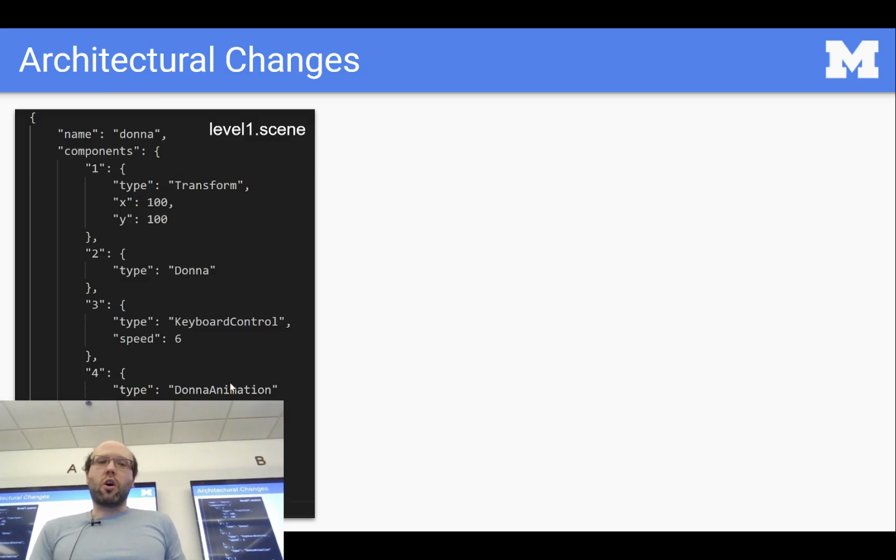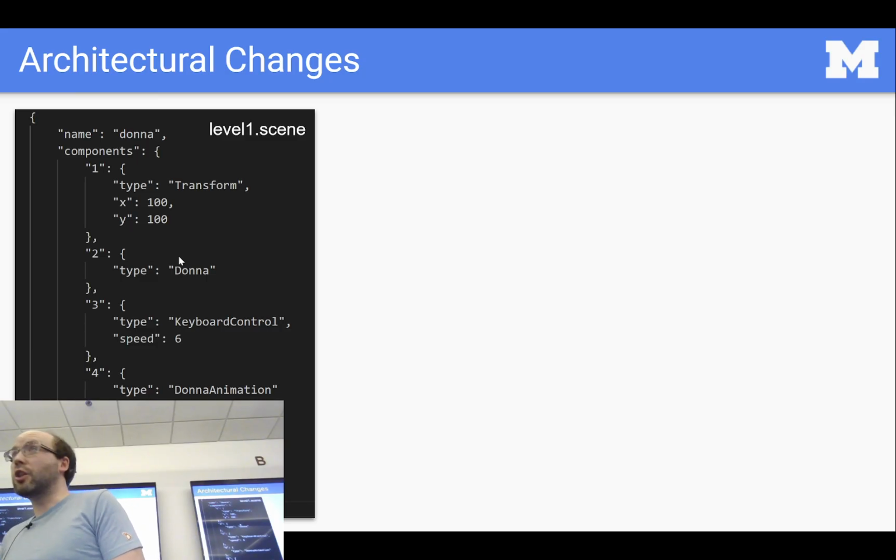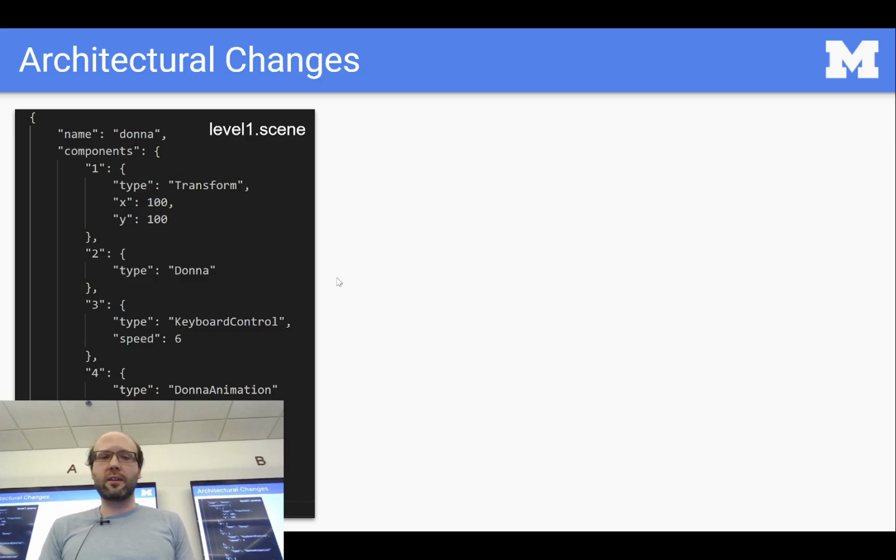These components all work together. They grab references to each other. They manipulate each other at runtime to make the components do what they need to do. For example, this Donna animation component is going to immediately grab a reference to the sprite render component, and then it's going to start swapping out what sprite it is supposed to render every few frames that go by.